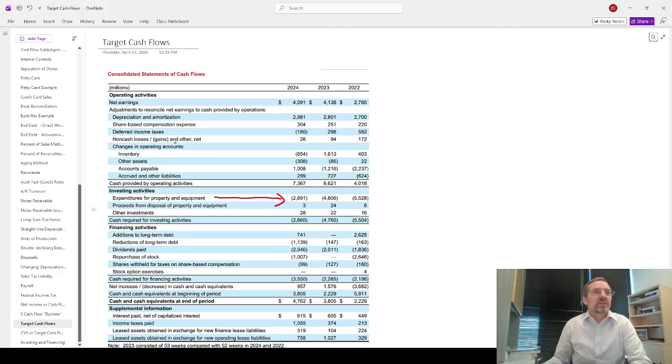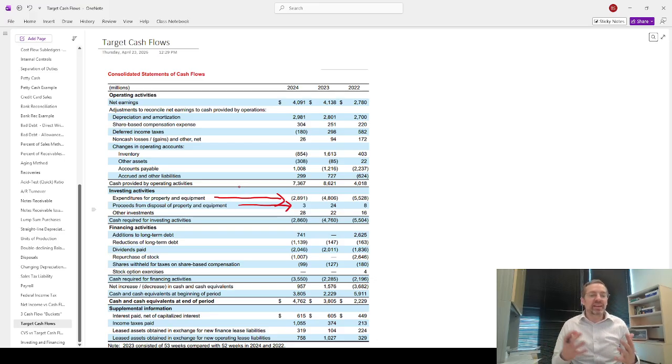This is in millions, so that would be 2.8 or $2.9 billion on property, plant, and equipment. You'll also notice that they have a separate line for sales of property, plant, and equipment. So they bought a bunch of stuff, they sold some stuff, and those have to go on two separate lines.